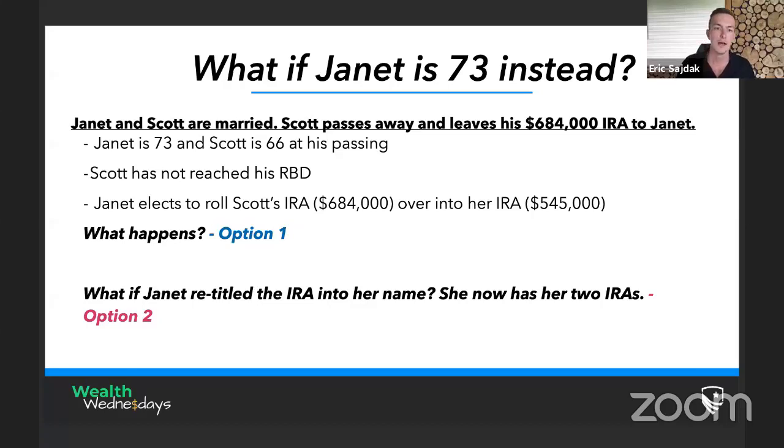Certain trusts will be classified as a non-eligible designated beneficiary, and they'll have to follow the 5-year rules. Certain trusts will be classified as a designated beneficiary, and they'll follow the 10-year rules. So it varies widely. We'll probably do an entire presentation on which trusts qualify for which designations.